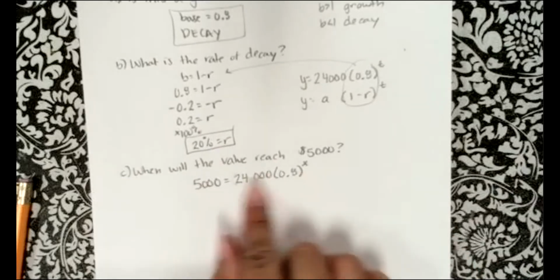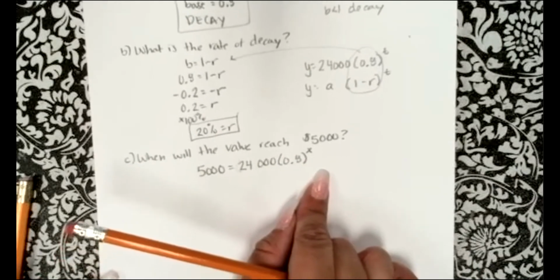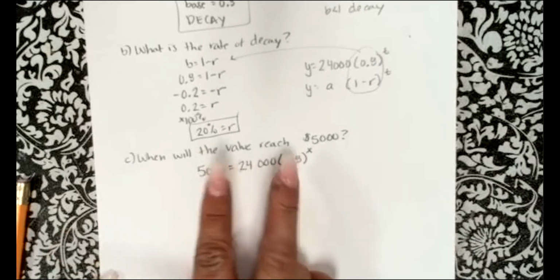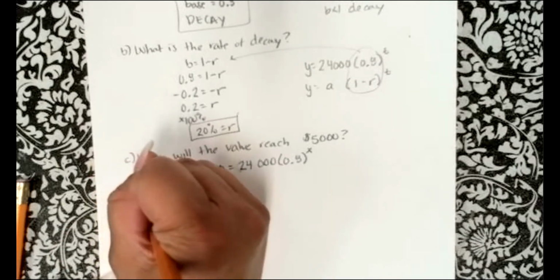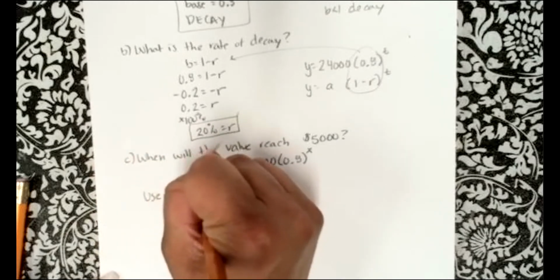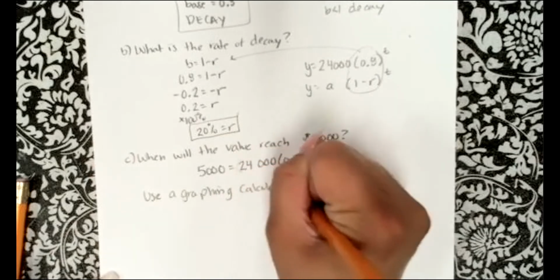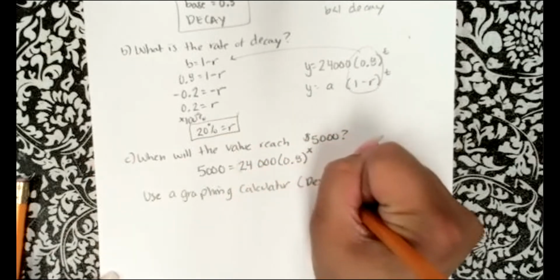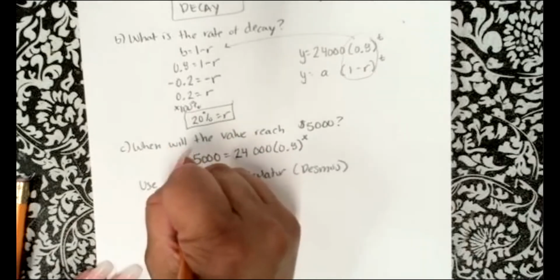Now, as of right now, we don't know how to solve this algebraically. So what we're going to do is we're going to use Desmos. We are going to look, because these are equal, we need to find out where they intersect. So you're going to go ahead and use Desmos or a graphing calculator. In Y1, you're going to type in 5,000.